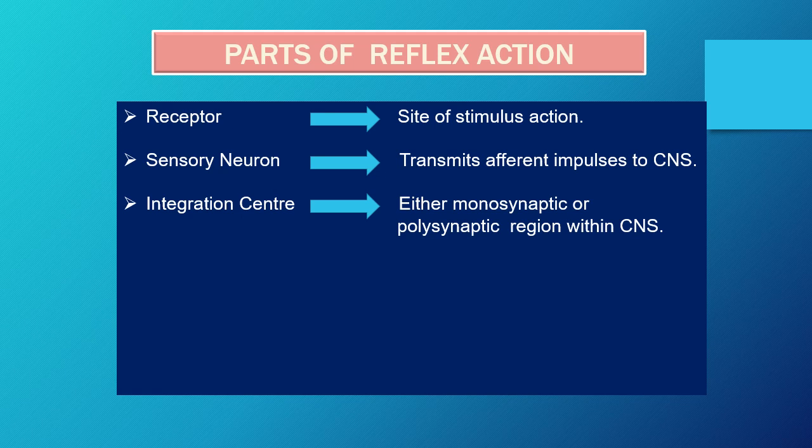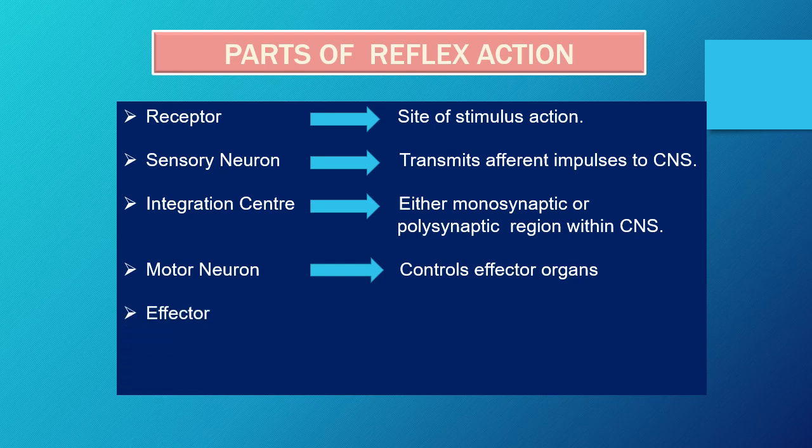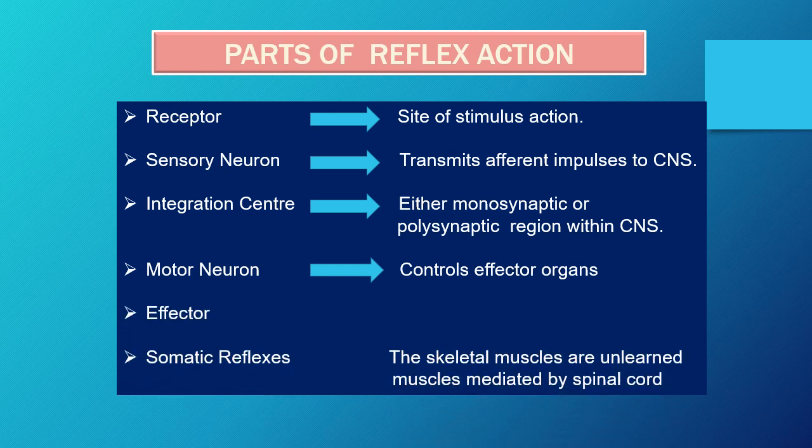It is either a monosynaptic or polysynaptic region within the central nervous system. Motor neuron. It controls effector organs. Effector. It is mostly the muscles. Somatic reflexes. The skeletal muscles are unlearned muscles mediated by the spinal cord.